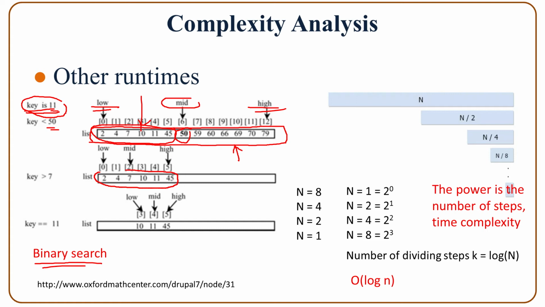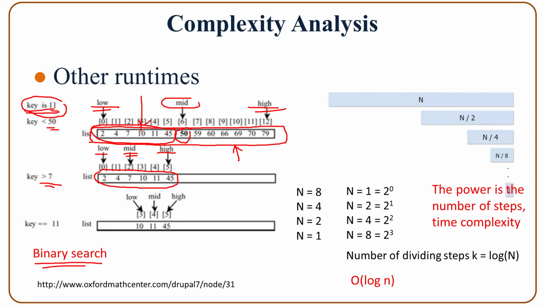And we repeat again recursively with the low and the high values. We compute the mid value and compare the key with the mid value. The key is 11 and it is greater than 7, which is the mid value.